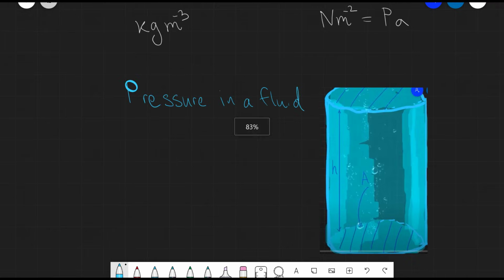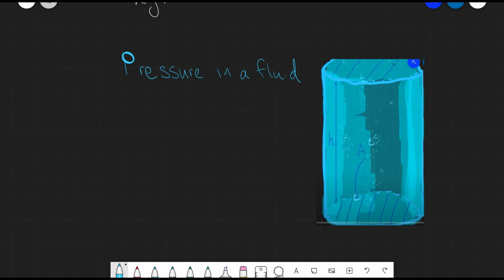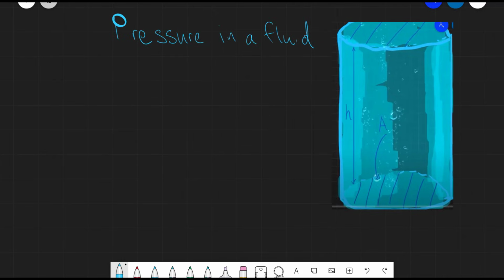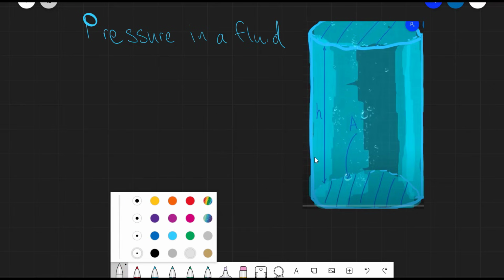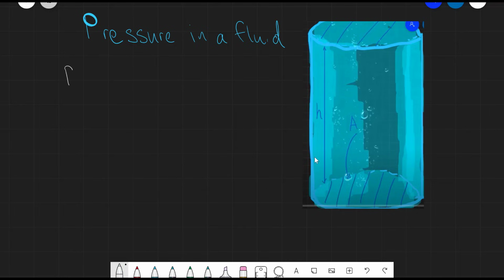Okay, now the next derivation about pressure is incredibly important, and it's the equation for the pressure inside of a fluid. So imagine that you have, let's say, a tank of water, or maybe you were diving in the sea. What will the pressure be at a height h? So as we said, the pressure is equal to the amount of force per unit area.